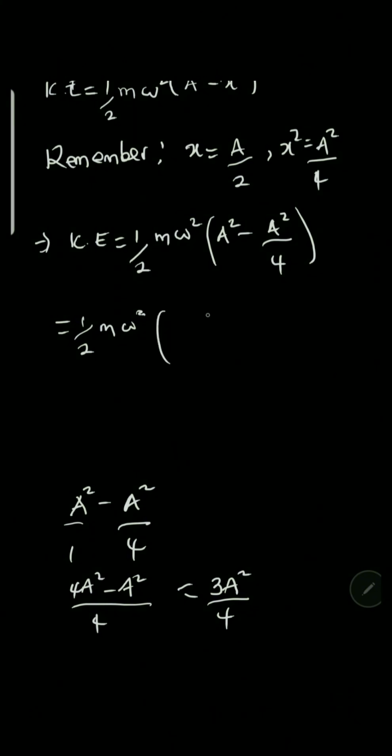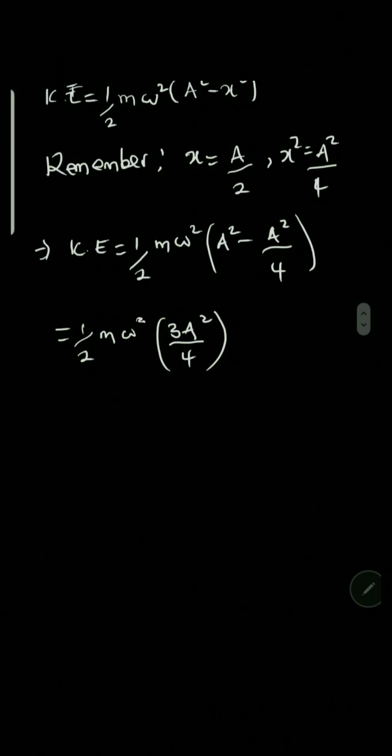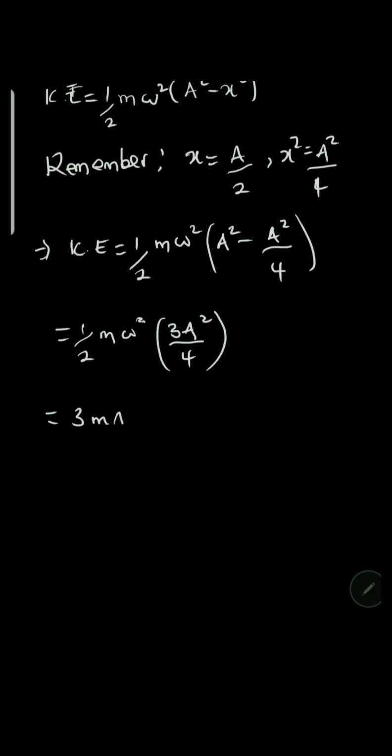So this is what we have inside brackets, 3a squared divided by 4. Now we multiply. We say 1 times 3, we have 3. Then we have mass, then we can write a squared first, then angular frequency squared, since multiplication is commutative. Then when we multiply 2 and 4 we get 8. Hence this is our kinetic energy.